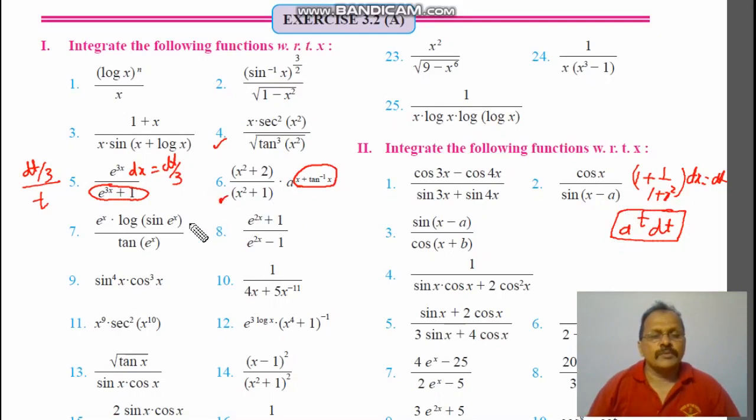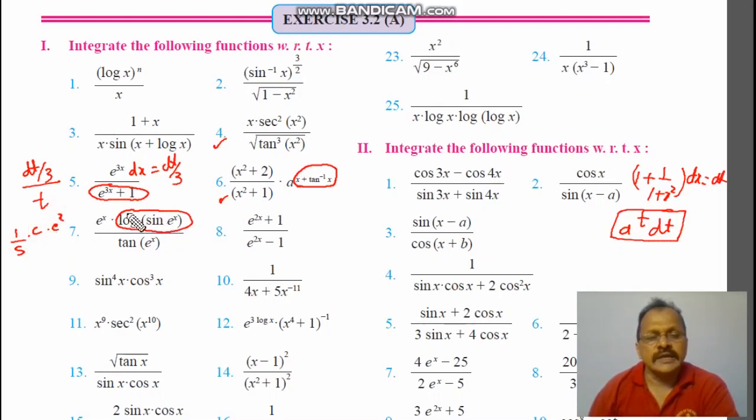The seventh problem is e raised to x into log of sin e raised to x divided by tan e raised to x. In this problem, if I put log of sin e raised to x is equal to t, then its derivative is 1 upon sin e raised to x into derivative of sin is cos e raised to x into derivative of e raised to x is e raised to x.